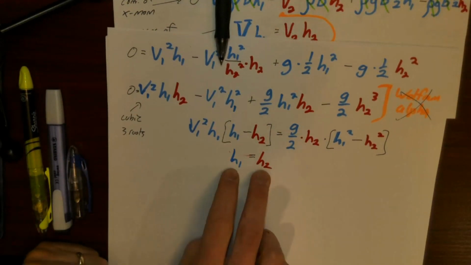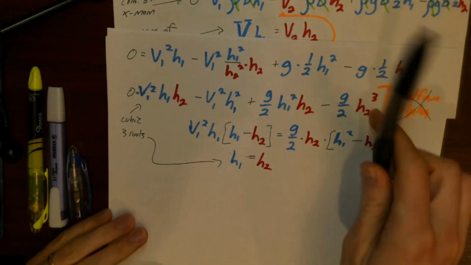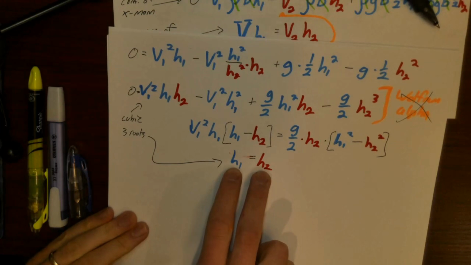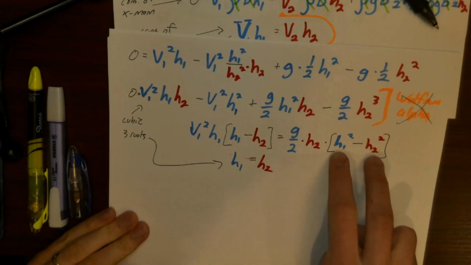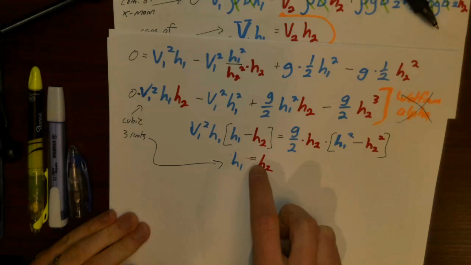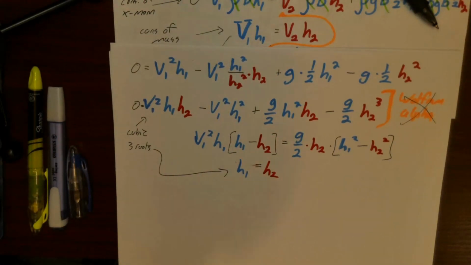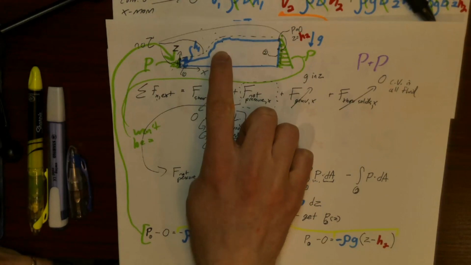H1 equals H2. Let's look at this result here. If H1 equals H2, the left-hand side becomes 0. The two terms on the right-hand side cancel out, so the right-hand side is 0. So what does H1 equals H2 mean? That basically means that the hydraulic jump I described here didn't happen at all.